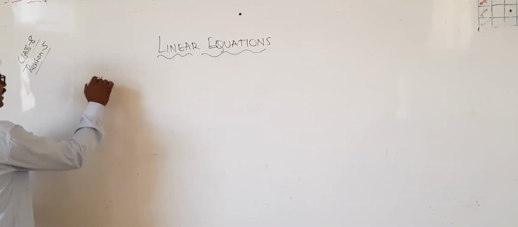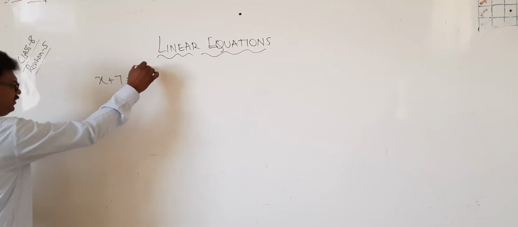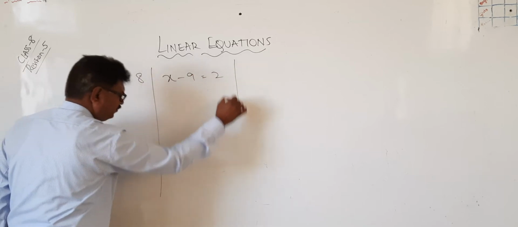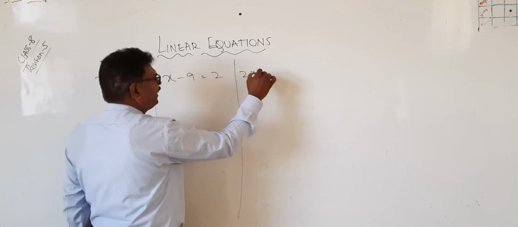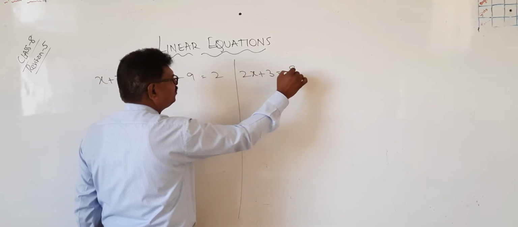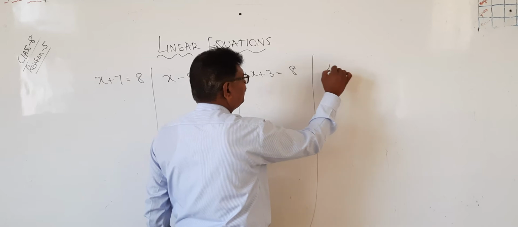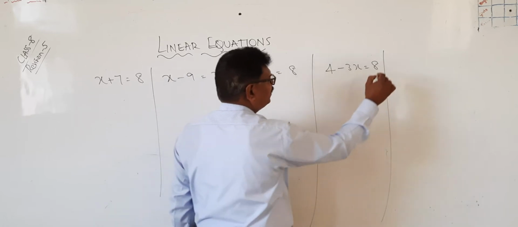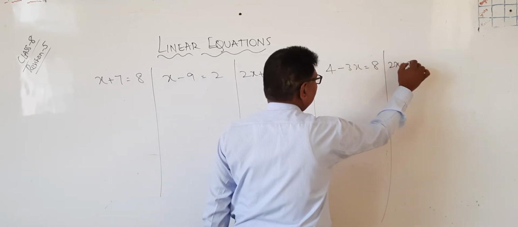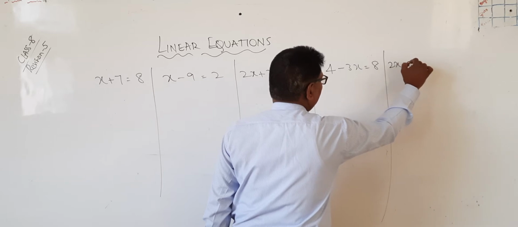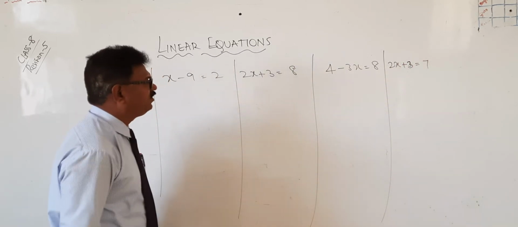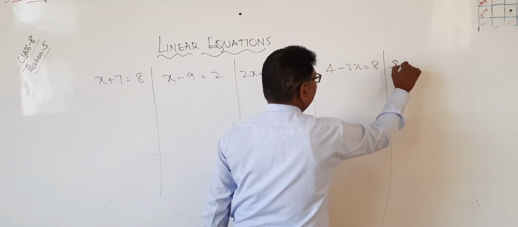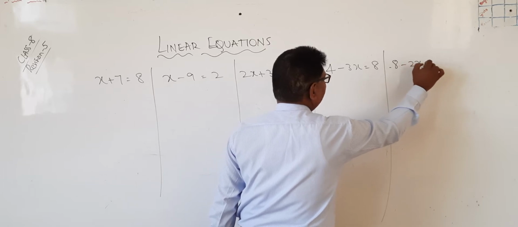We'll solve some problems like this. For example, x plus 7 is equal to 8. x minus 9 is equal to 2. 2x plus 3 is equal to 8. 4 minus 3x is equal to 8. 2x plus 3 is equal to 7, like this. 8 minus 2x equal to 9.